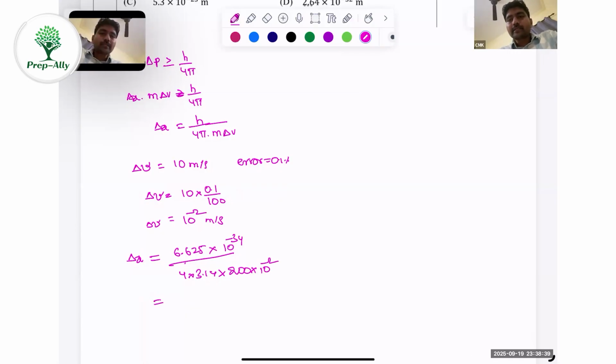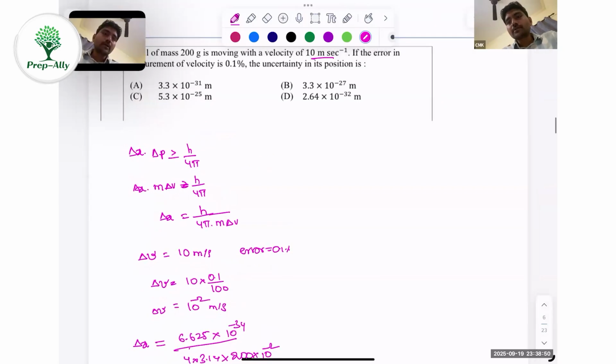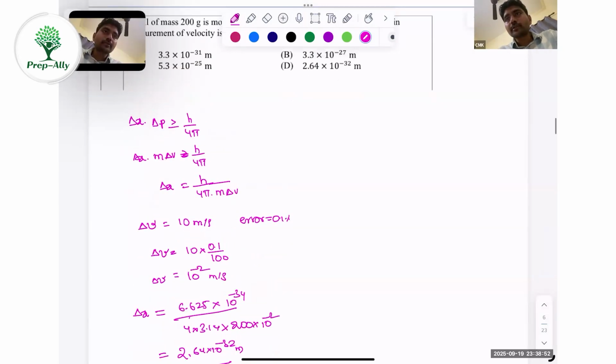If you solve this, finally you get 2.64 into 10 to the power of minus 32 meters. So this is the answer you should get.